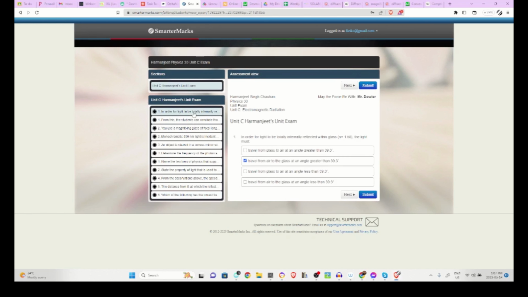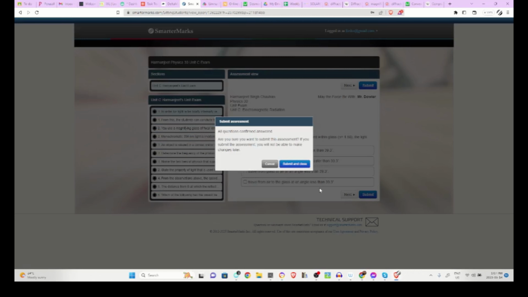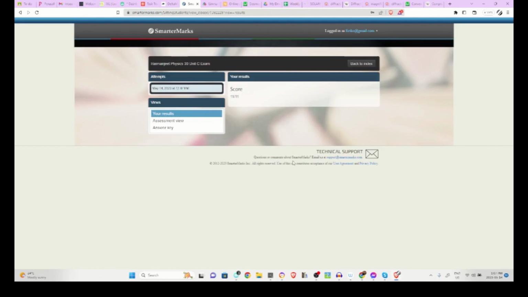And that was actually silly. In the first one, it has to go from more dense to less dense. So from glass to air, not from air to glass. Going too quickly after switching it because it was a similar problem. But that is the set of solutions for both versions of the test.